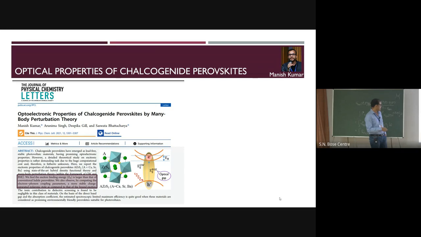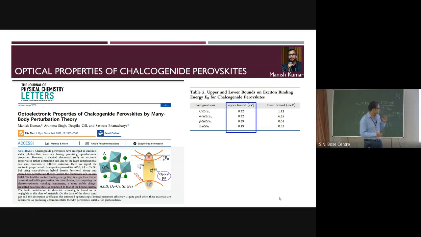We also observed, by computing the electron-phonon coupling parameters, a more stable charge-separated polarized state as compared to that of bound excitons. That's typically the problem that I was talking about, that there is a polaronic binding energy vis-a-vis the excitonic binding energy, and if both of them are not optimal, it does not work.